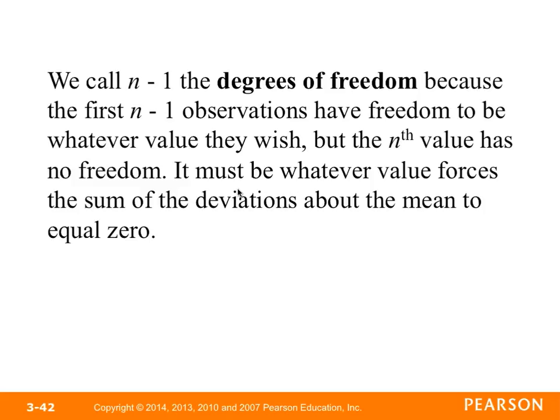So the first n minus 1 people can choose any candy they want, but that last value, the nth value, has no freedom. It must be whatever value forces the sum of the deviations about the mean to equal 0. So all of the sums of our deviations around the mean has to equal 0, so that last observation is forced to be whatever number makes that happen.